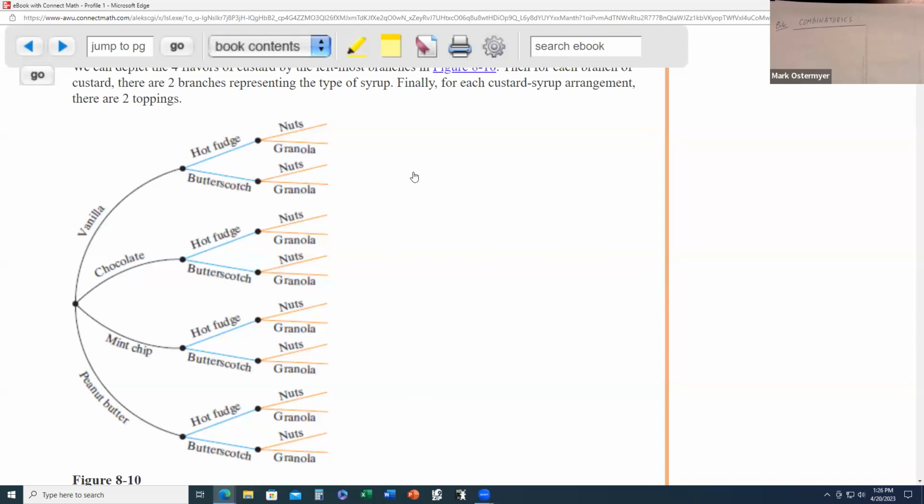And so, ladies and gentlemen, all you got to do is follow the branches of this tree to determine the number of different sundaes that are possible.